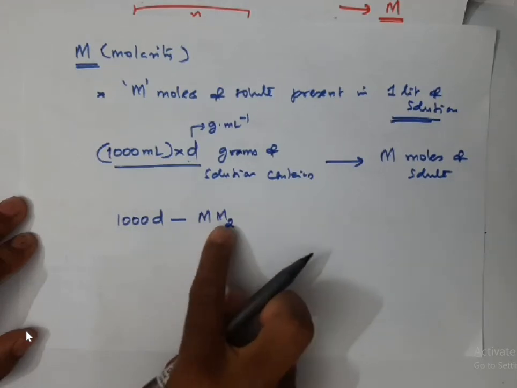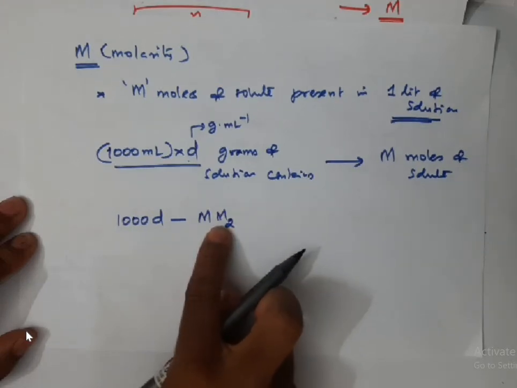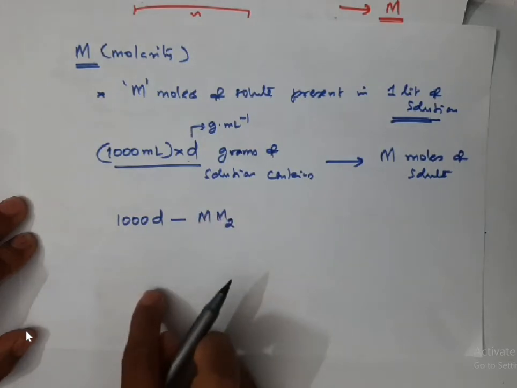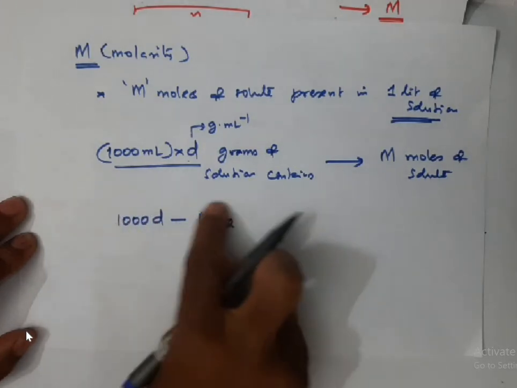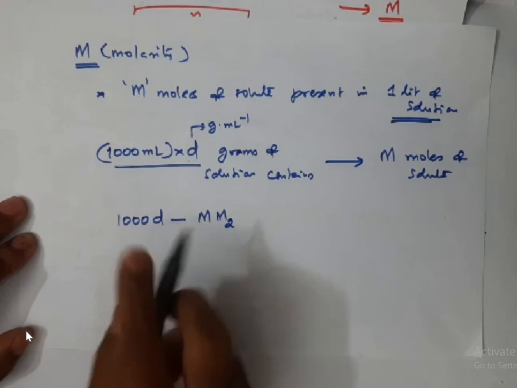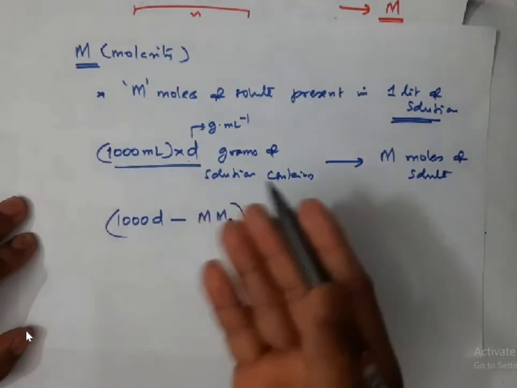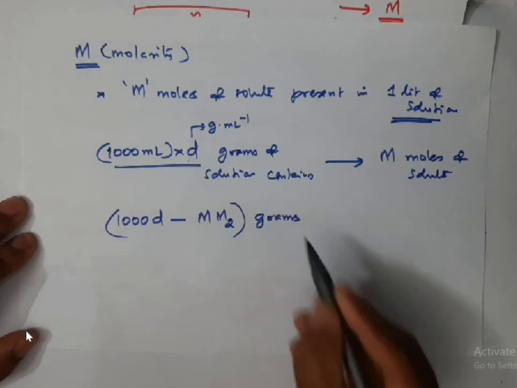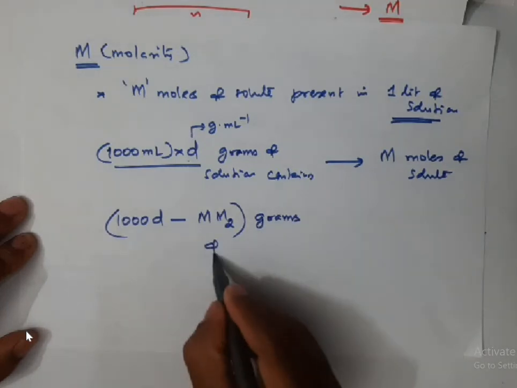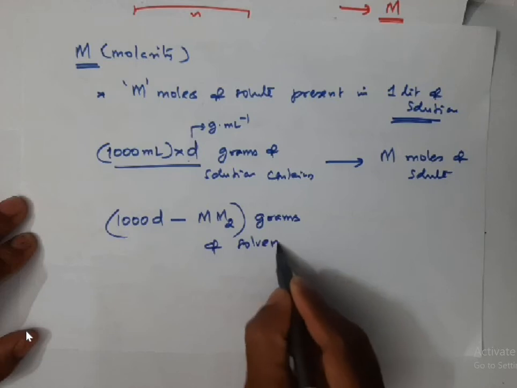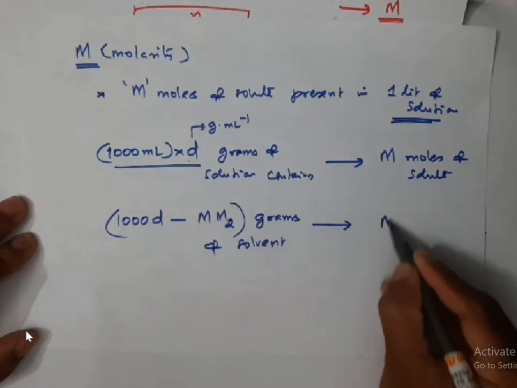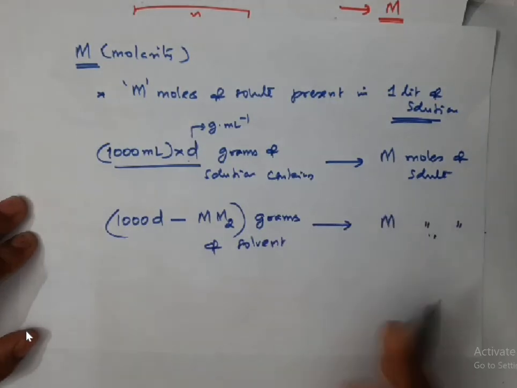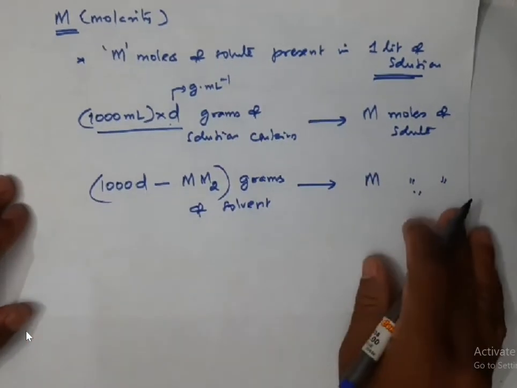Number of moles into molar mass of solute will give you mass of solute. If you subtract mass of solute from the mass of solution, I will get mass of what is called solvent. So this much grams of solvent contains M moles of solute.